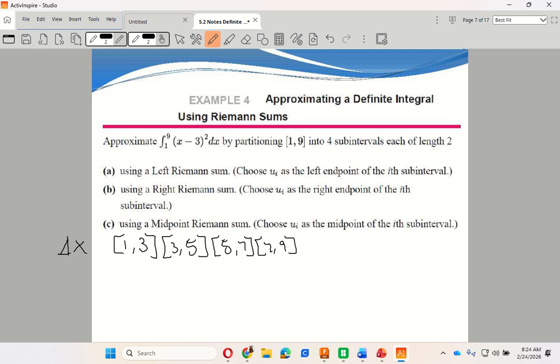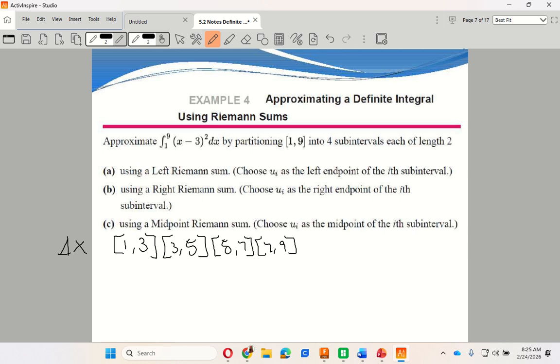Now, it says left-hand Riemann sum. So a left-hand Riemann sum means which one am I using? The one on the left. So my delta x for all these is going to be 2. If I'm multiplying 2 by a bunch of different things, I could factor it out and have it on the outside, right?